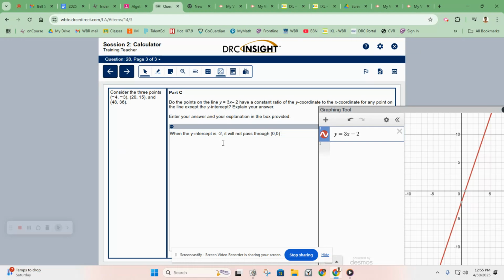It will not pass through 0, 0, which means it will not have 0 in the denominator. So it will be defined at that point.